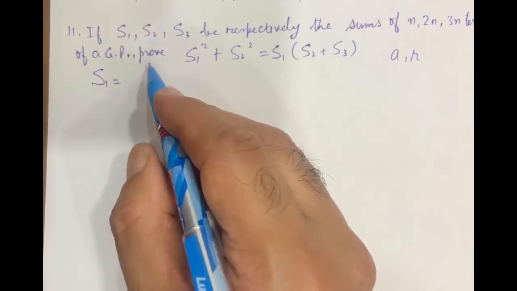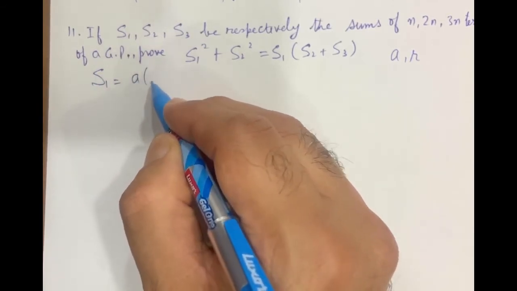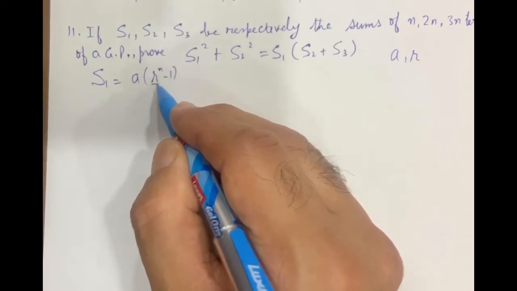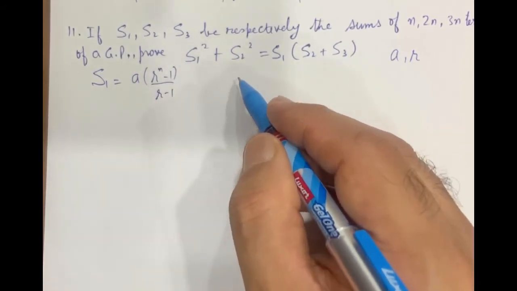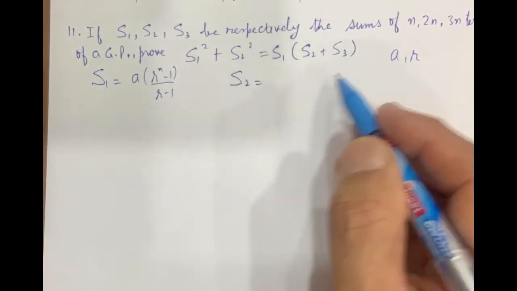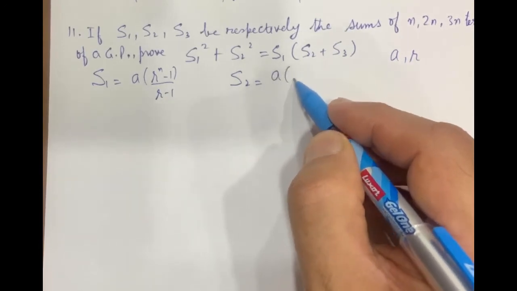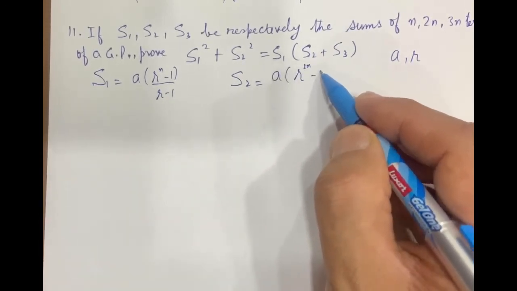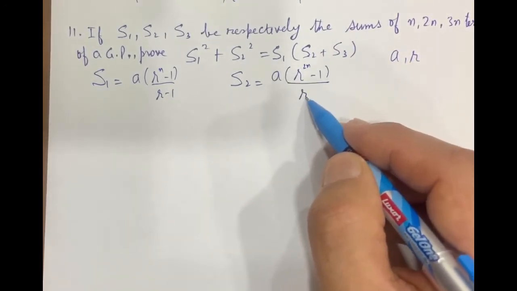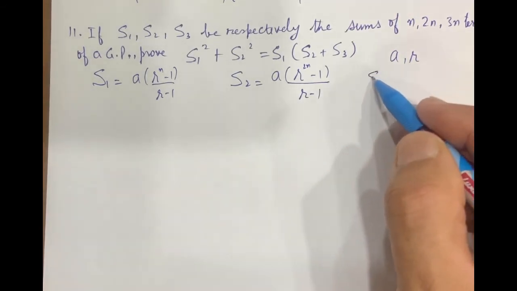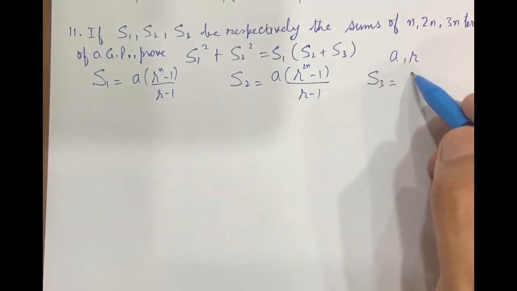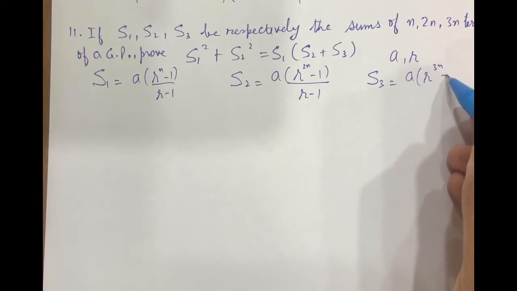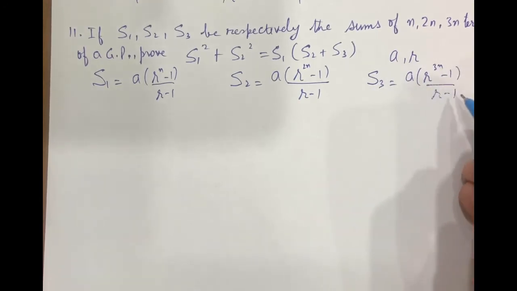S1 is the sum of n terms, that's A into R raised to power n minus 1 upon R minus 1. S2 is the sum of 2n terms, A into R raised to power 2n minus 1 upon R minus 1. And S3, the sum of 3n terms, is A into R raised to power 3n minus 1 upon R minus 1.